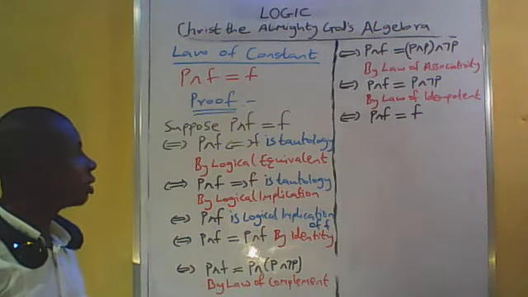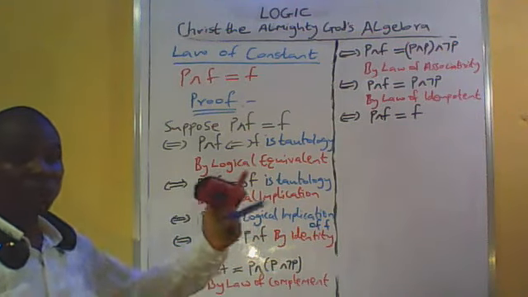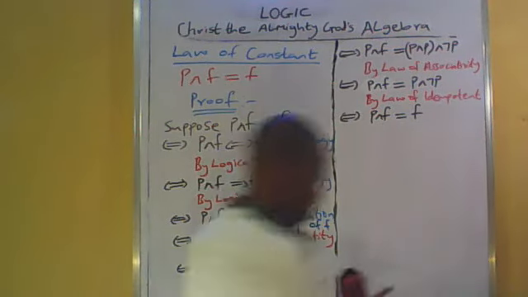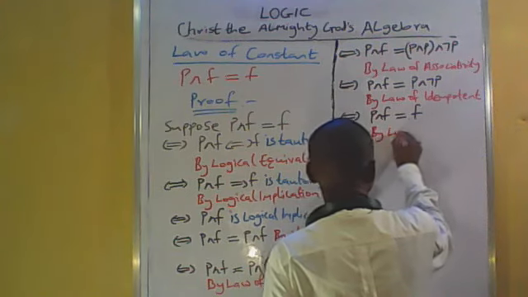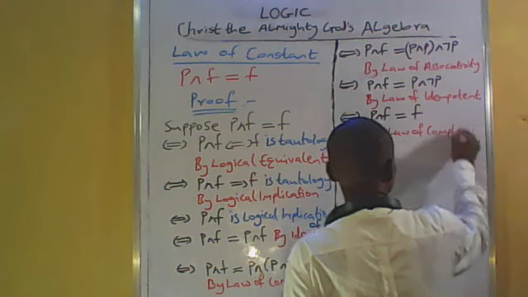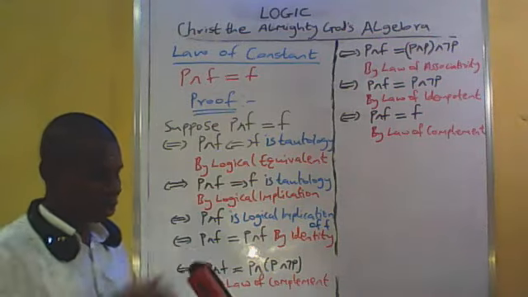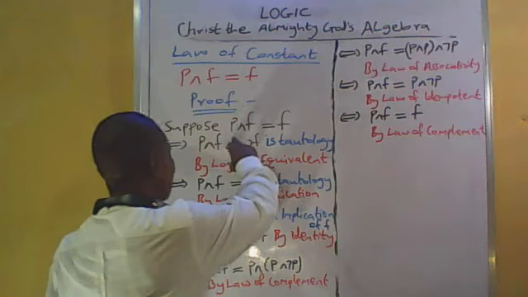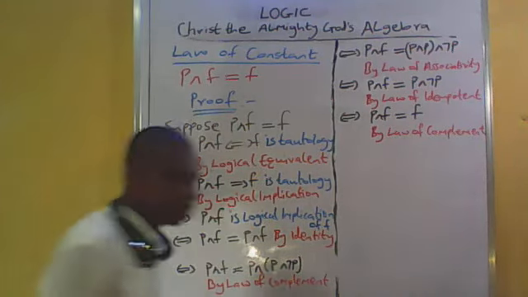That's why I substitute P and not P with F. You justify by law of complement. You have seen that you have now proved our hypothesis, that P and F is equal to F. You have now proved it.